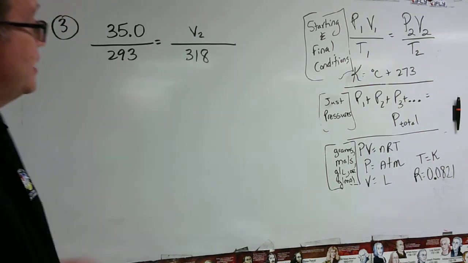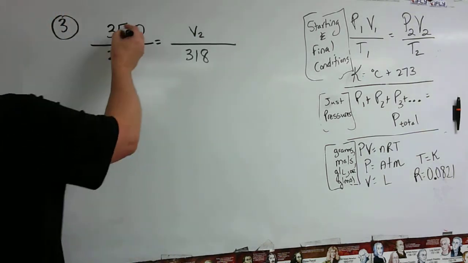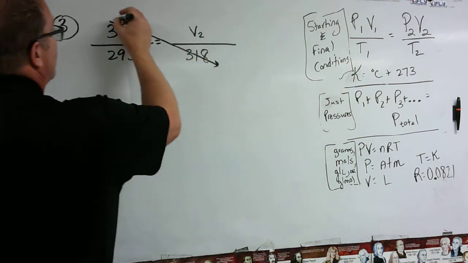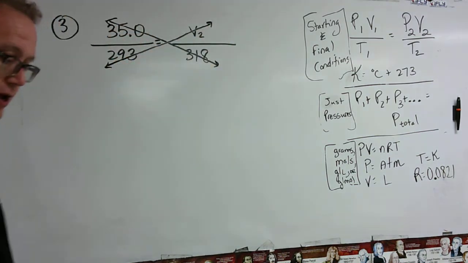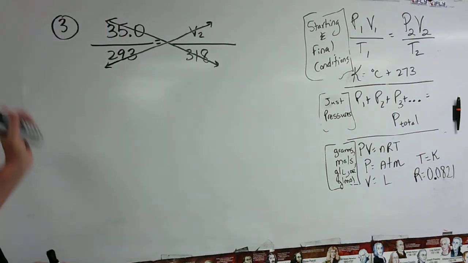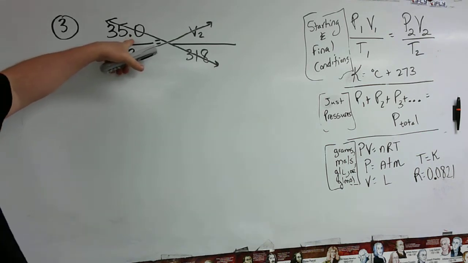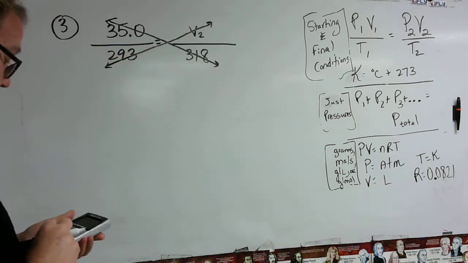Now if you're in math class, you're going to notice that this is set up as a multiply and divide. We call it the cross multiplication and division. I'm going to go ahead and bypass all the writing of the numbers. I'm going to go ahead and multiply these two first.